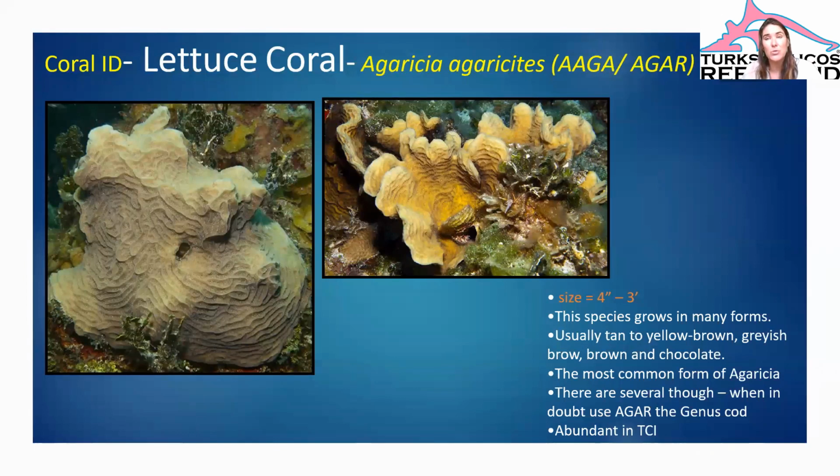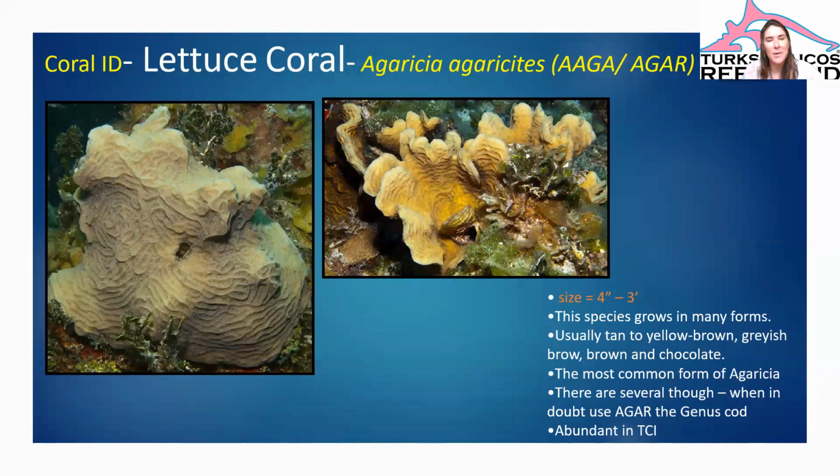Whenever in doubt, just put AGAR, A-G-A-R. If you do know your different Agaricia species, wonderful. But if not, please bear in mind, data is only as useful as it is trustworthy and accurate. So always err on the side of caution. If you're not sure of a species, then you can just put the genus code.